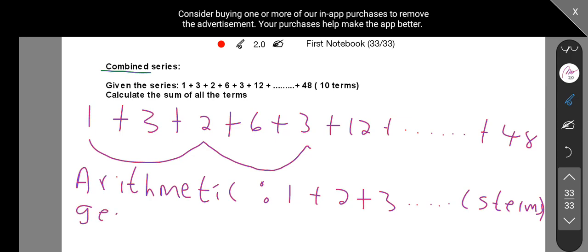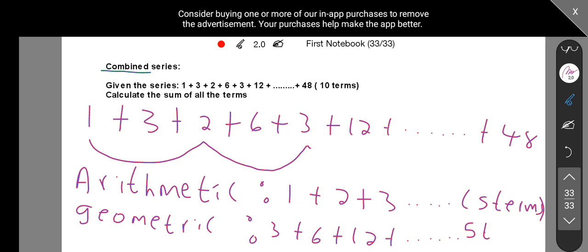So here we have the geometric part. The geometric part is 3 plus 6 plus 12 plus others up to 5 terms.